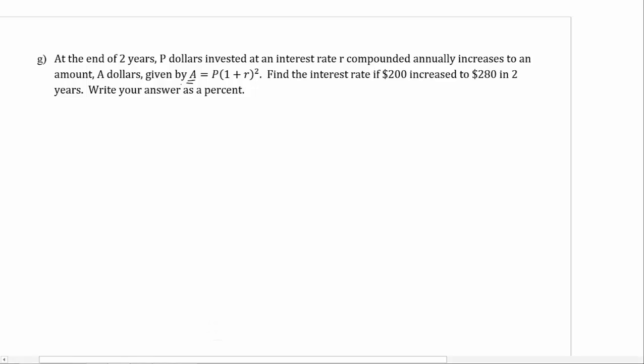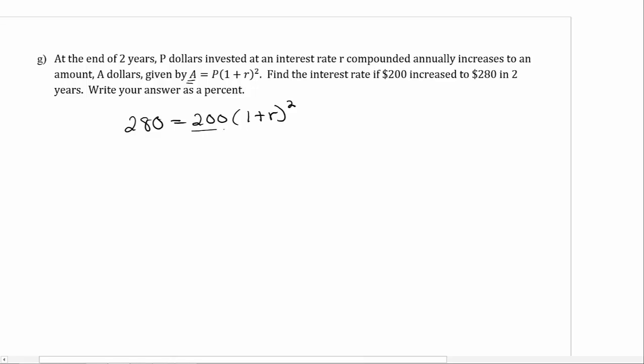So A is the amount that you have in the account after some certain amount of time, in this case 2 years. And so that would be the 280. And P is the amount you started with, and so that would be the 200. And then that's 1 plus R squared.